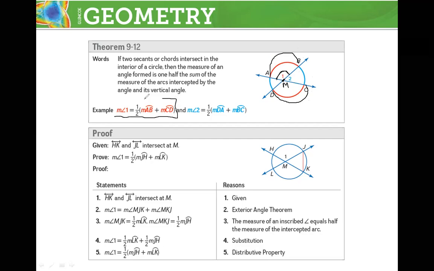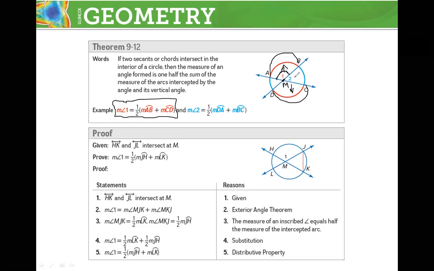So the rule says that if we need to find the measure of angle A, and it is coming from the intersection of two chords or two secants, it's equal to half the sum of the two subtended arcs. What are the two subtended arcs? The arc from this side and the arc from the opposite side. So I must know how many degrees this arc equals and how many degrees this arc equals, then I add them and divide by 2, or multiply by half.